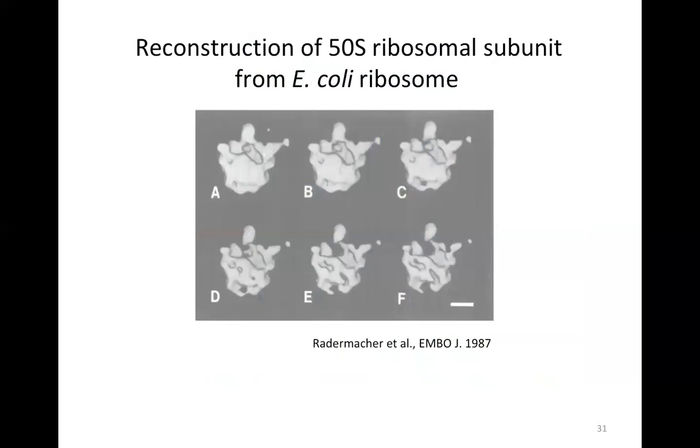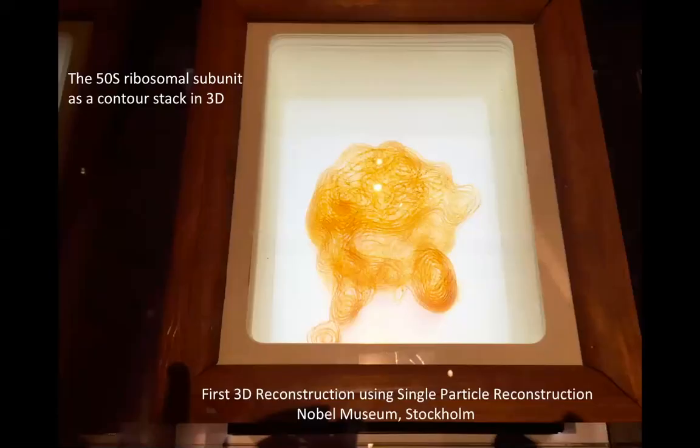So here is the first reconstruction of the 50S ribosomal subunit from an E. coli ribosome. Now, I have to emphasize that up to that point, everything was negative staining. There was no cryo involved up to this point. So one of the ways we visualized the 50S subunit at the time was as a contour stack in 3D.